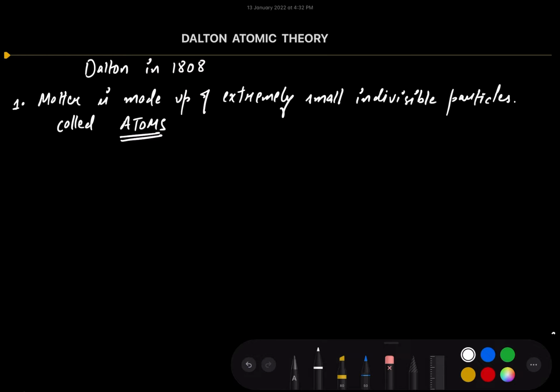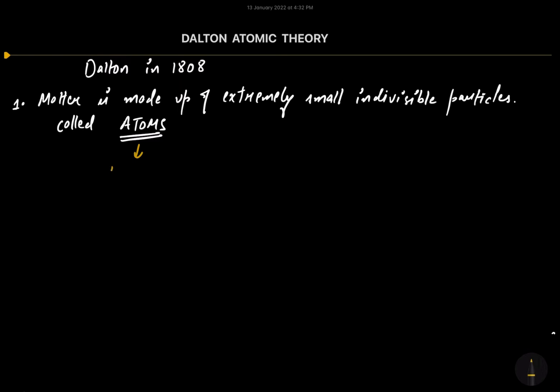So let us talk something about atoms. There are about 118 types of atoms, and a specific matter will contain one or two types of atoms. These 118 types of atoms are known as elements.